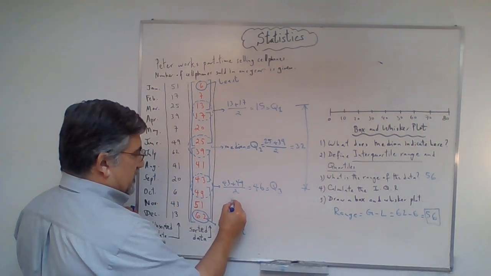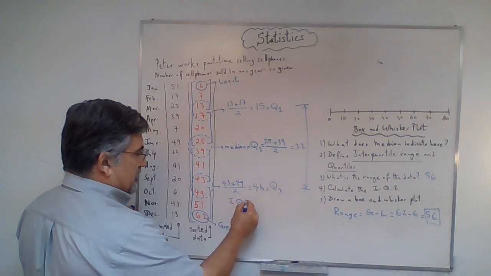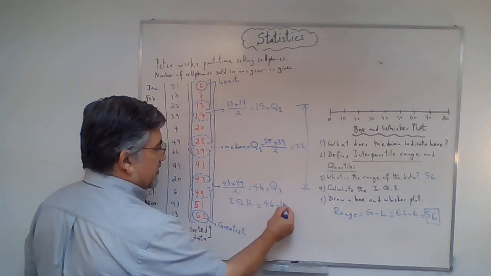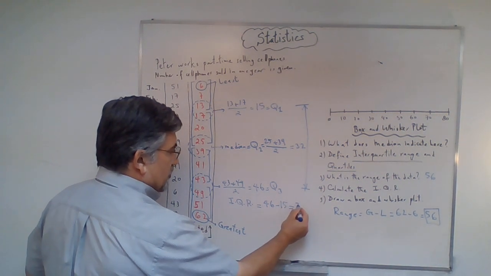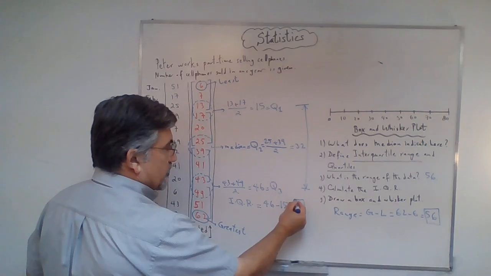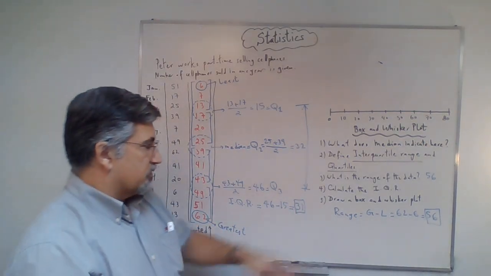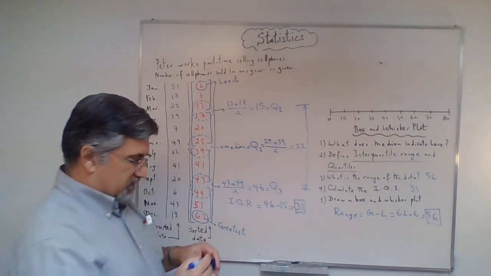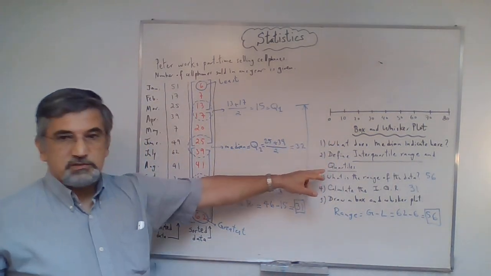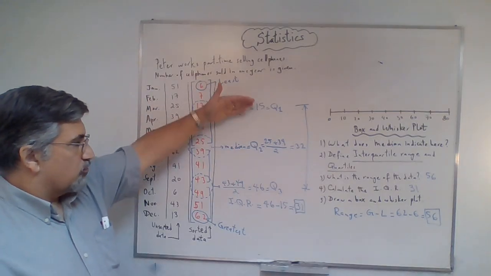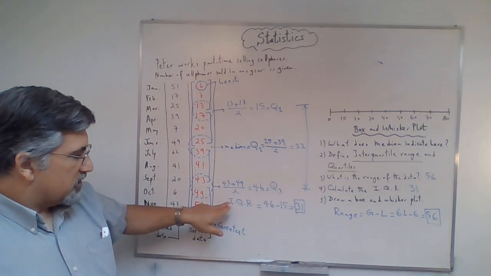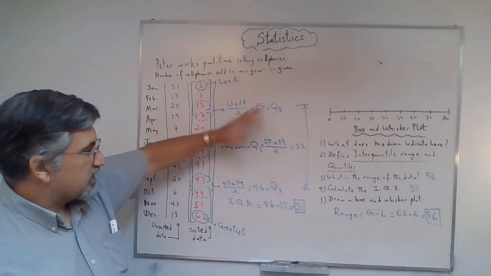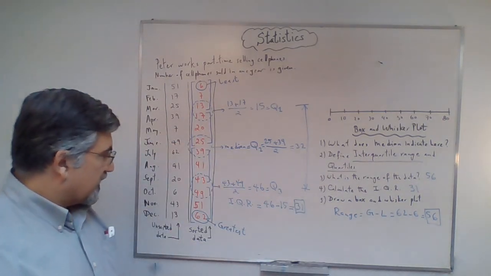So interquartile range equals 46 minus 15, which is 31. Okay, so when it says calculate the interquartile range, the answer is 31. That's the answer. In quartiles, we said what kind of values they are: Q1, Q2, Q3. And interquartile range, IQR, that is 46 minus 15. That's the range of the middle half.